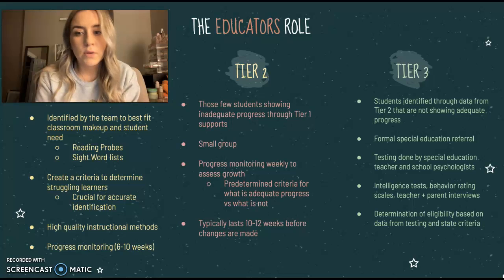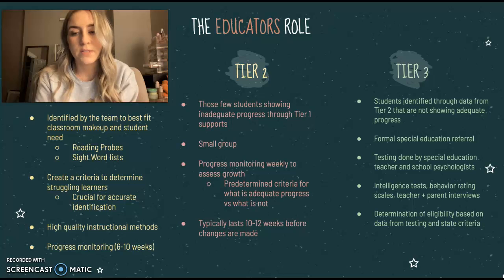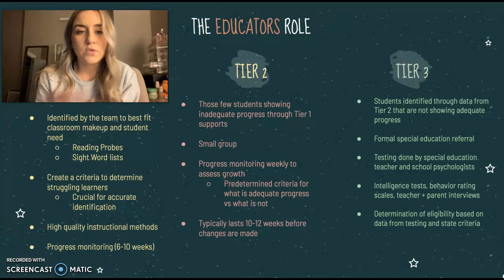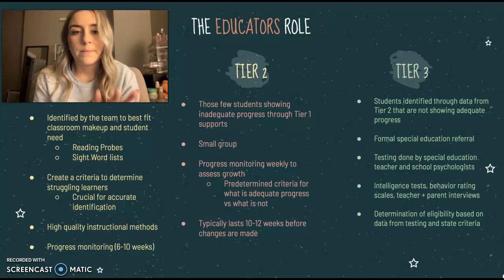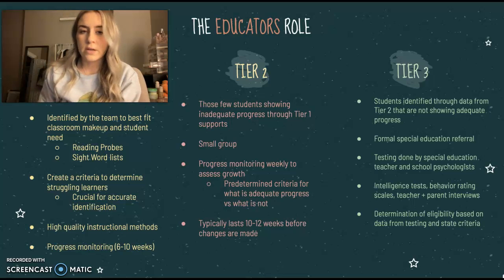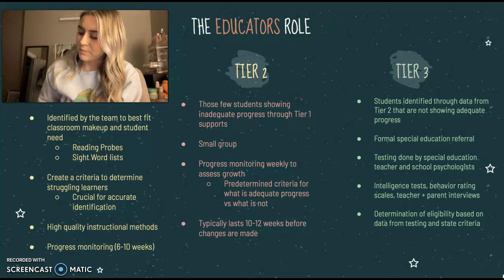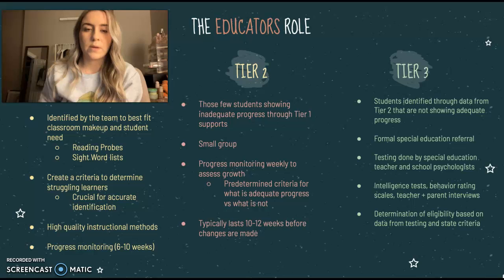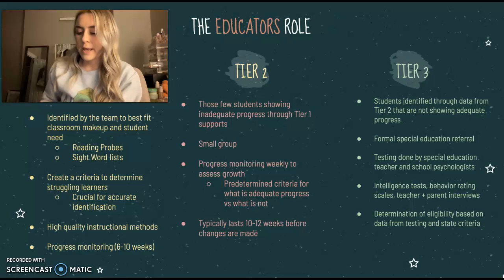Depending on grade level, it could be student interviews, self-reports, self-assessments. All of these tools and data are then pulled together for an evaluation report, and then there is a determination of eligibility based on the data that you have and criteria from the local and state governments. Different states have different criteria that students would qualify under for different disability categories.